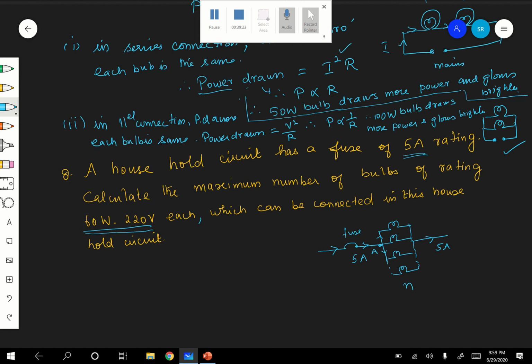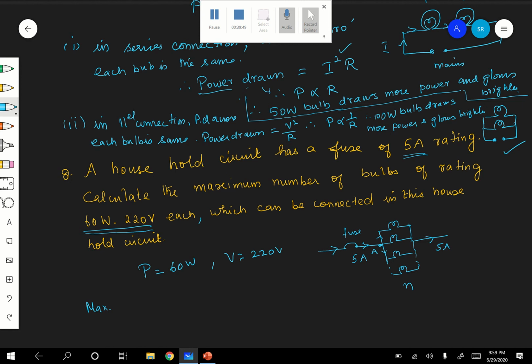That you can find out now. Why? P and V are there. So for a bulb, P is equal to 60 watt and V is equal to 220 volts. Okay. Therefore, the maximum current is a limit. That is the rating. That's all.